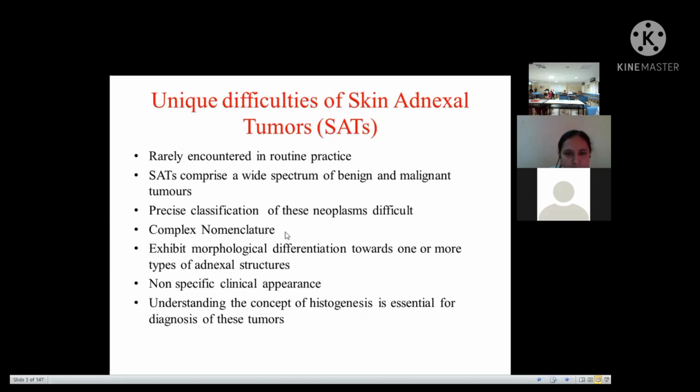The nomenclature is very complex and confusing. Sometimes they also exhibit morphological differentiation towards one or more adnexal structures. Also, they have a very non-specific clinical appearance, and there is a lack of understanding of the concept of histogenesis, which is essential for the diagnosis of these tumors.